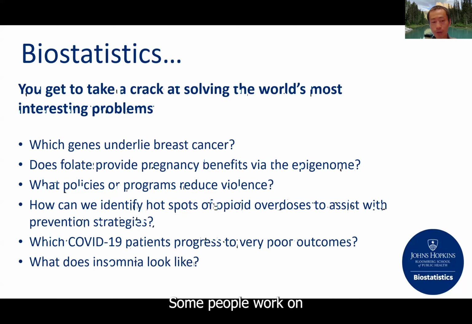Some people work on what policies or programs can reduce violence. And some people work on, for example, which COVID patients progress to poor outcomes, et cetera. This is just a small sample of what we're doing in this department.